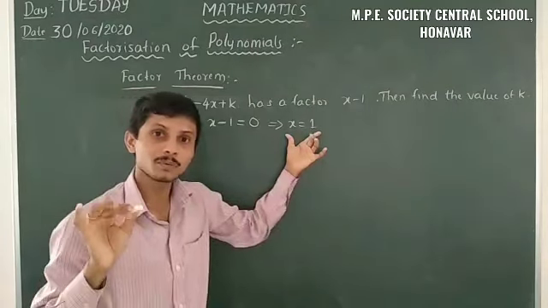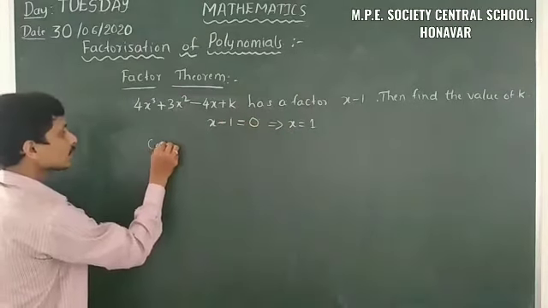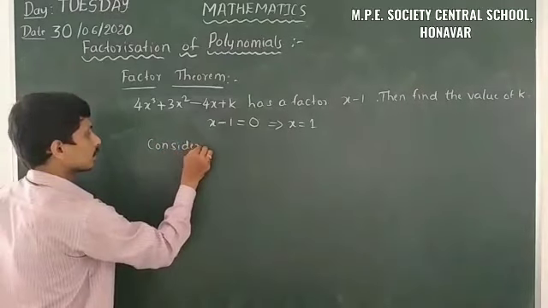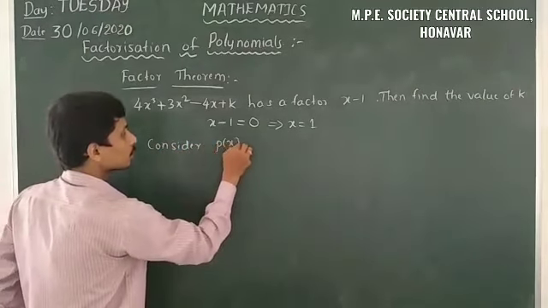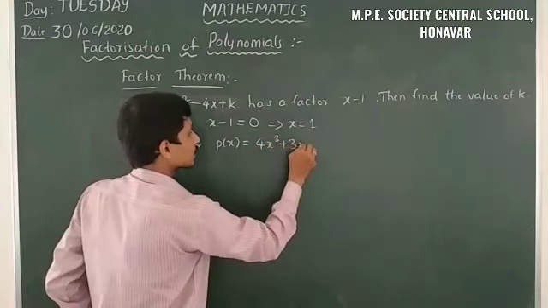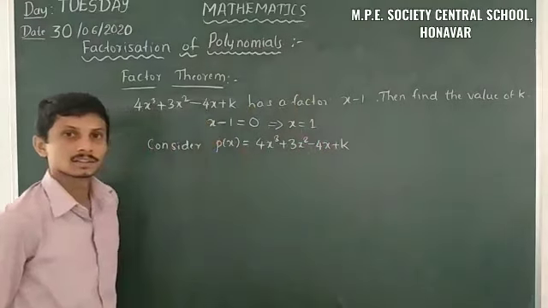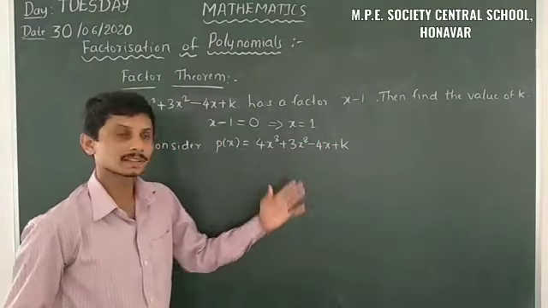So we have to substitute the value x equal to 1 into this polynomial. So let us consider p of x is equal to 4x cube plus 3x square minus 4x plus k. So we have to substitute the value x equal to 1.